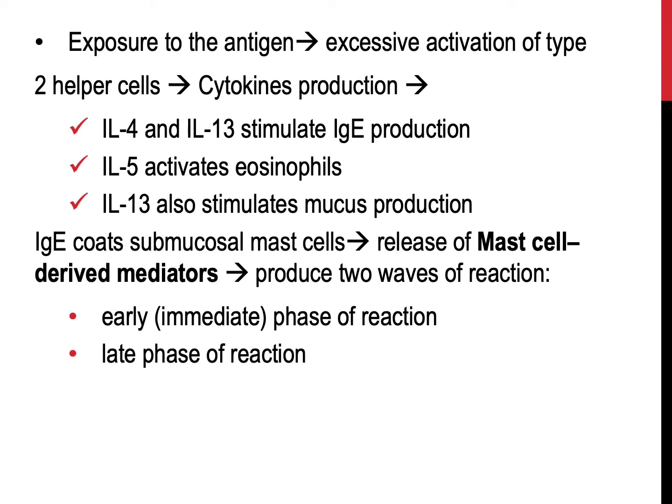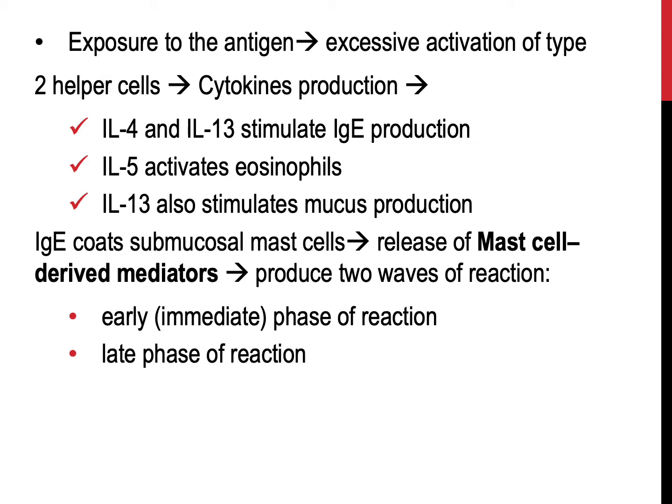As we mentioned in the previous slides, the initial exposure to an antigen will result in excessive activation of type 2 helper cells that will start releasing cytokines, of which are interleukin 4 and interleukin 13, that start stimulating the IgE production. Interleukin 5 activates the eosinophils.